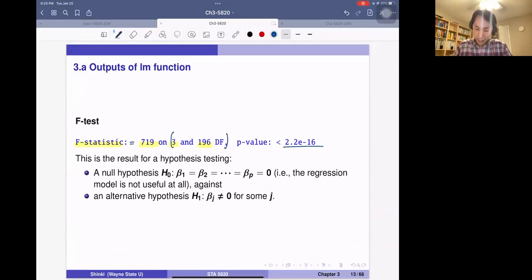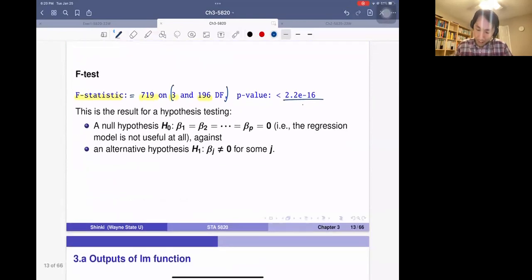And this means that the predictors are useful, with a very small p-value. So the F-test tests if at least one of the coefficients is not equal to 0. The null hypothesis is that all coefficients are 0, and the alternative is that at least one of these is non-zero. The test result rejects the null hypothesis. So that means at least one of the beta j's is not equal to 0.